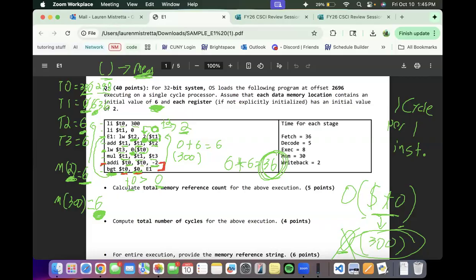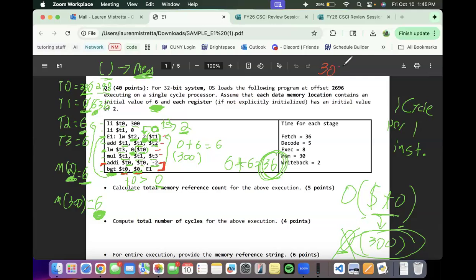So everything else, well, yes, I'm going to be doing 1, 2, 3, 4, 5, 6 instructions over and over again. I only care about doing those last two and finding out how many times this is going to be happening. So if I know that every time this loops, it's going to be -2, -2, -2.